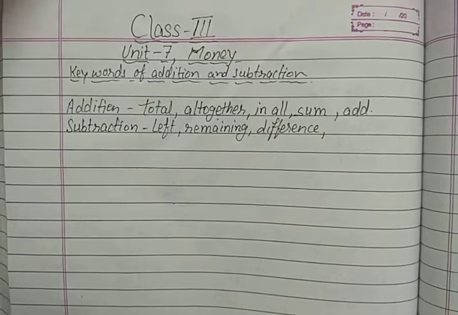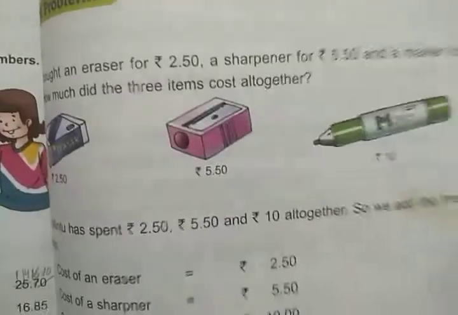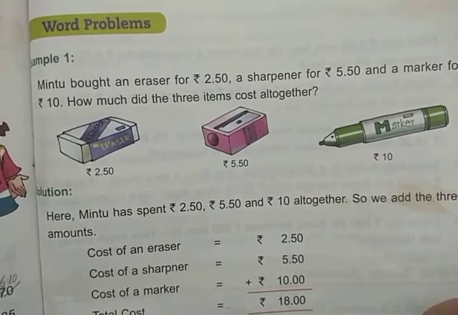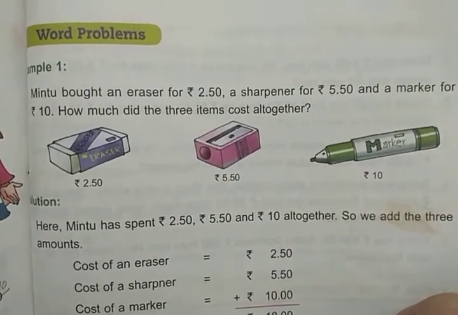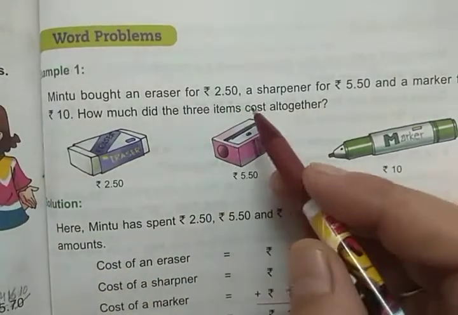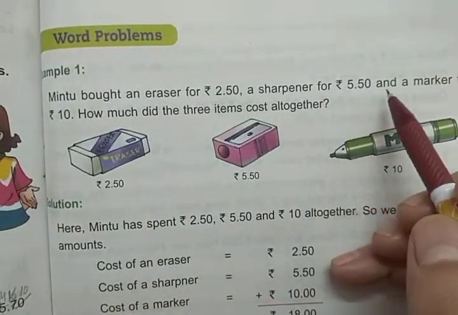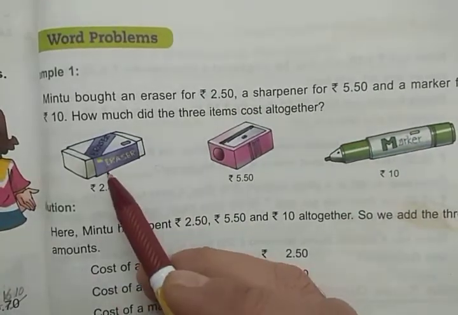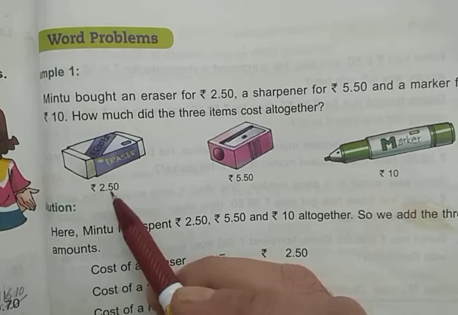So let us discuss some examples first, which are given in your book. First example is Mintu bought an eraser for 2 rupees 50 paise, a sharpener for 5 rupees 50 paise, and a marker for rupees 10.